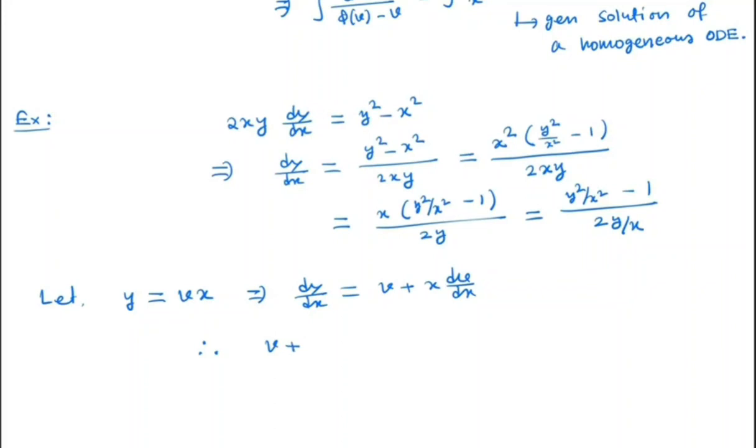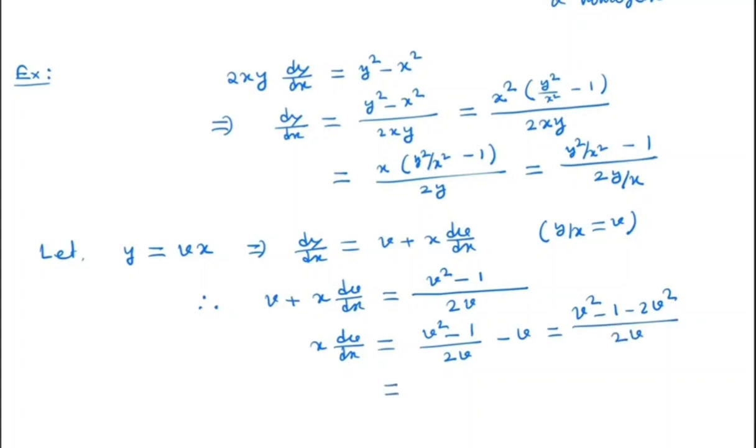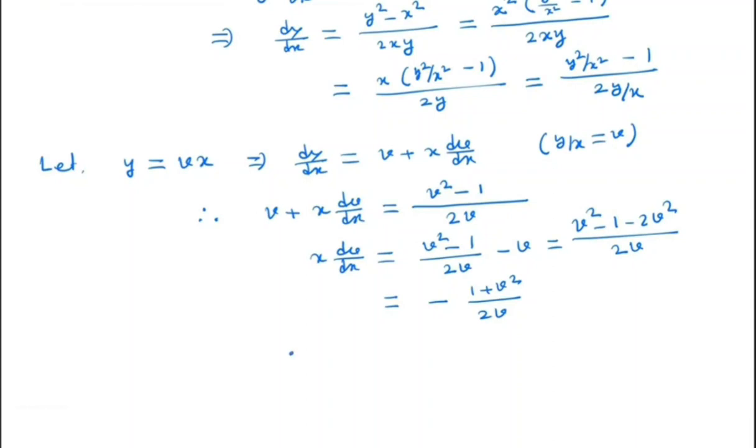So we get v plus x dv/dx is equal to, here note that y by x is v, so we have (v square minus 1) by 2v. Okay, so x dv/dx is (v square minus 1) by 2v minus v. So (v square minus 1 minus 2v square) by 2v. So it is the same as minus (1 plus v square) by 2v. By simplifying, we get this.